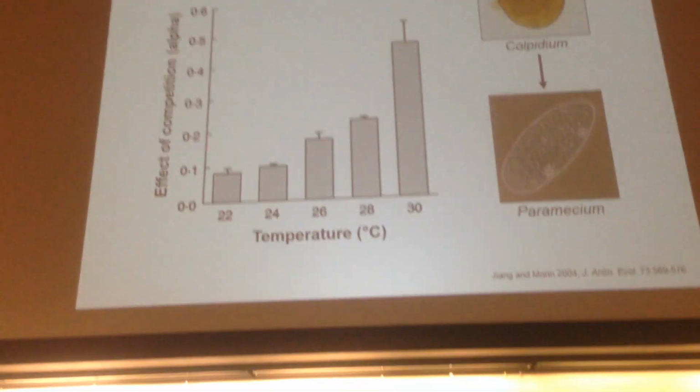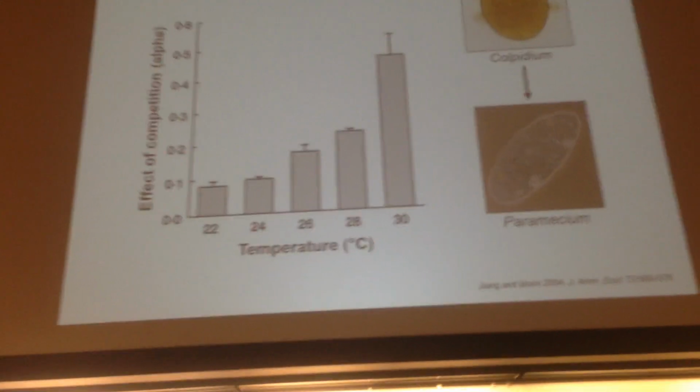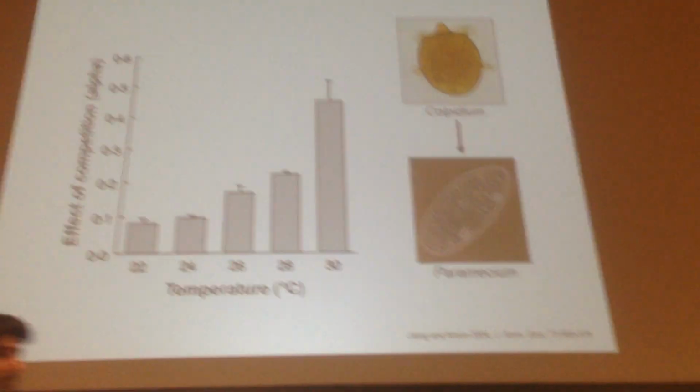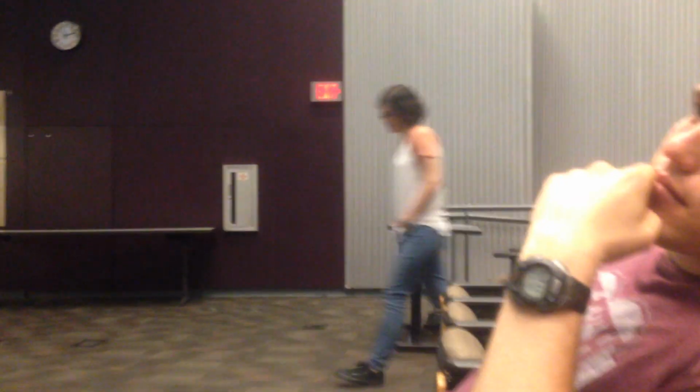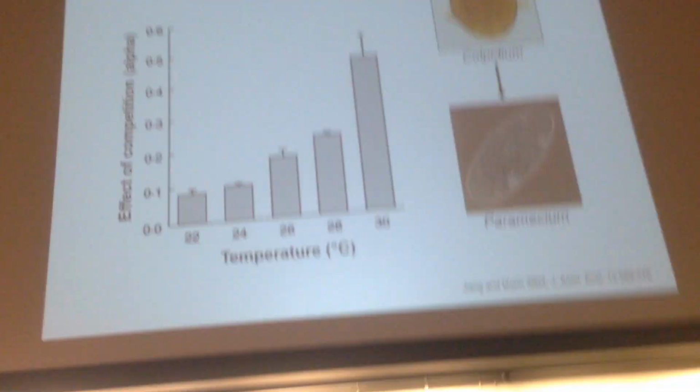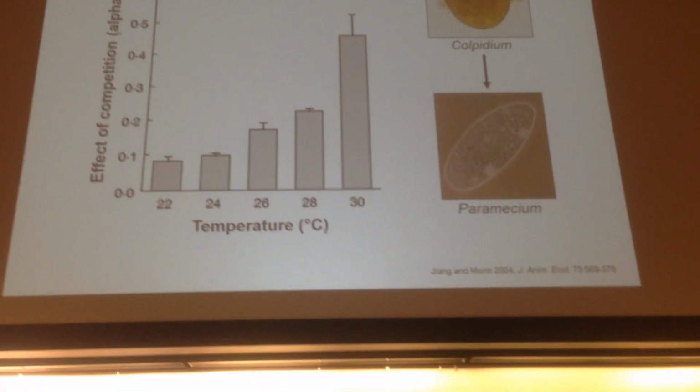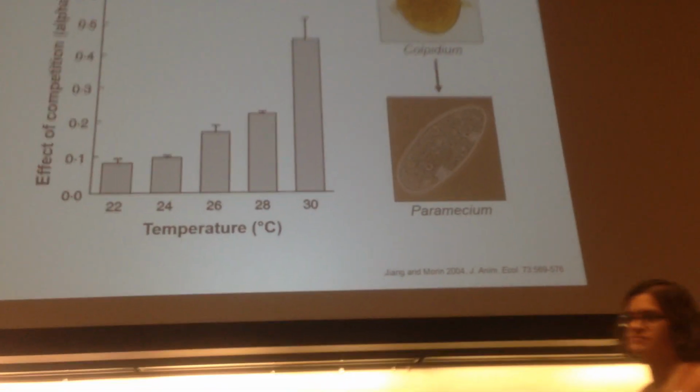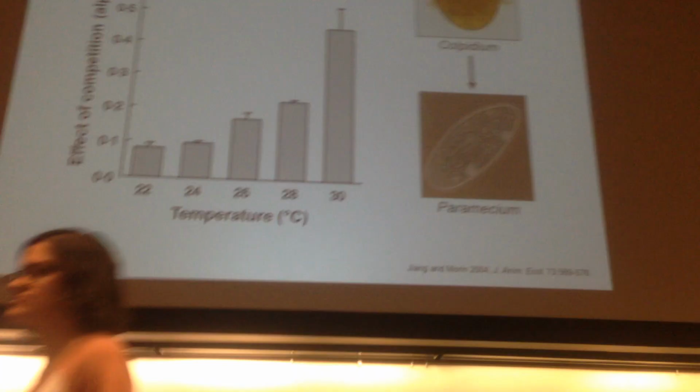As the temperature goes up, the competition for resources goes up, whether that be space or food. Or it doesn't seem as though there's much competition for food, though, because there's very low competition at 22 degrees Celsius. So it's most likely space or something along those lines. Yeah, I agree. So this would also mean that the ability to coexist decreases at higher temperatures because you have a larger alpha.